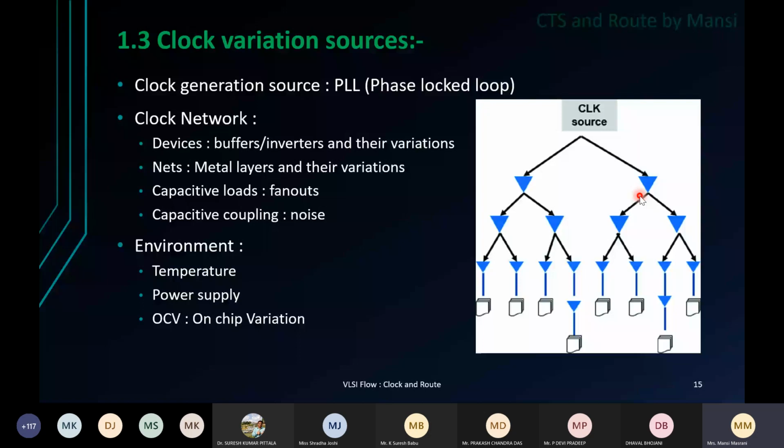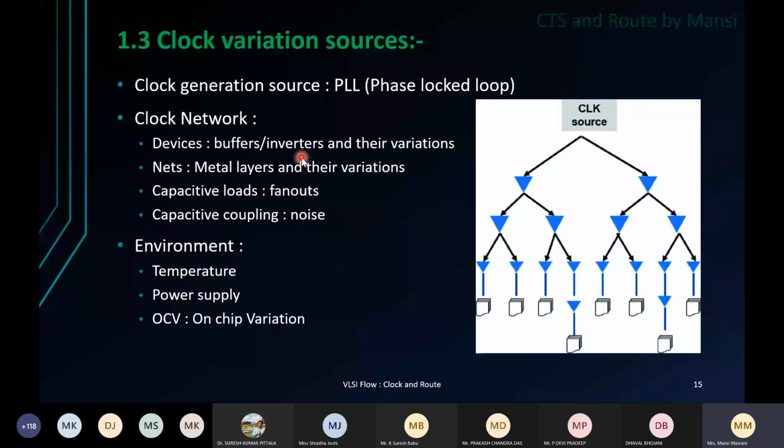Okay. So each and every device will have its own variations. The nets between all the devices will have their own variations. No two metal layers will show the same ideal characteristics. They will also have different variations in their delay values. Now, the capacitive load also affects the clock.